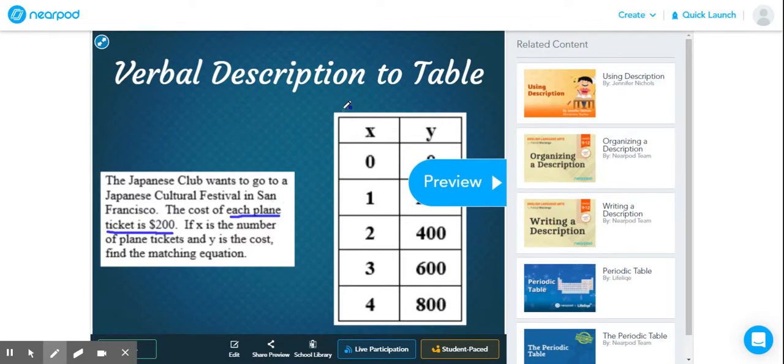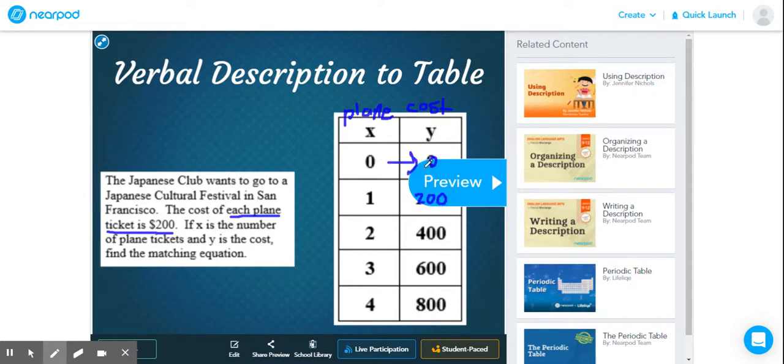So if I come to this table, it says here that X represents the number of plane tickets, and Y represents the cost. When I buy 0 tickets, guess what?